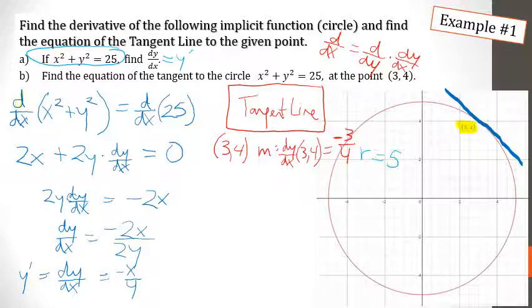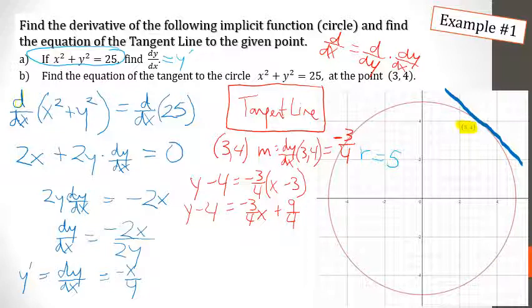So our slope is negative 3/4. So our equation of our curve is y minus the y equals our slope times x minus our x value. So we have y minus 4 equals negative 3/4 x plus 9/4.